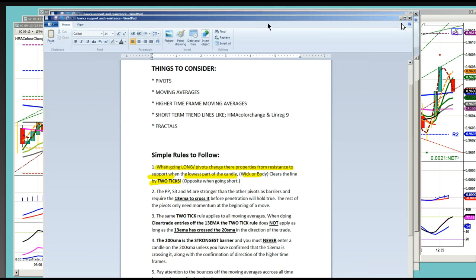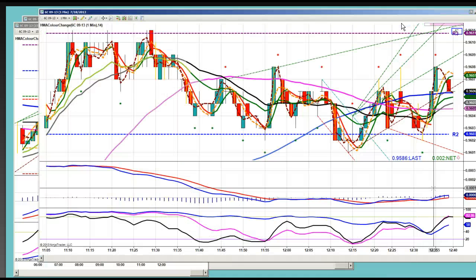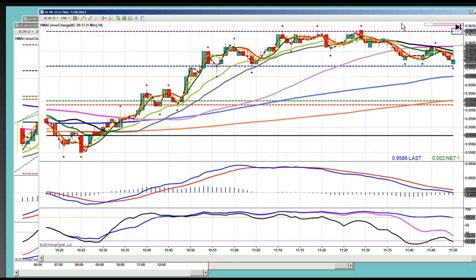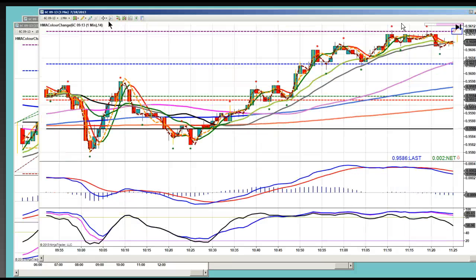So let's look at here. Here's a good example. And I'm just going to use the Canada currency market today. But let's take a look at this example here. As you can see, we're trying to get through the red pivot and the green pivot over here at 10:45.